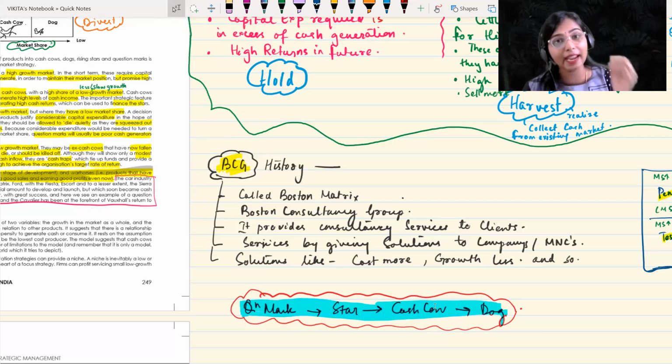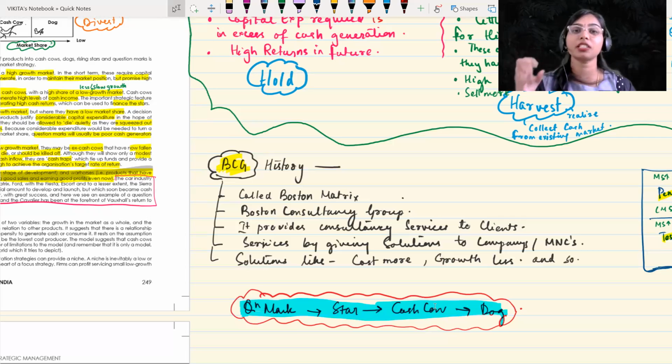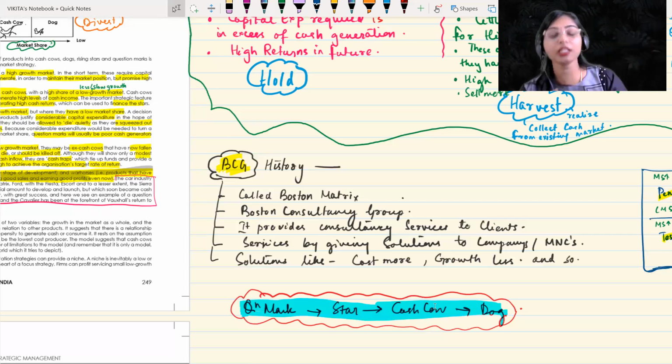Later the client suggested that BCG should not be just a model, it should be a type of matrix known to every single entrepreneur, every strategic manager, every company, every organization, because it will resolve issues related to the growth and share of the product. So that was about the history of BCG, which I wanted to speak about.